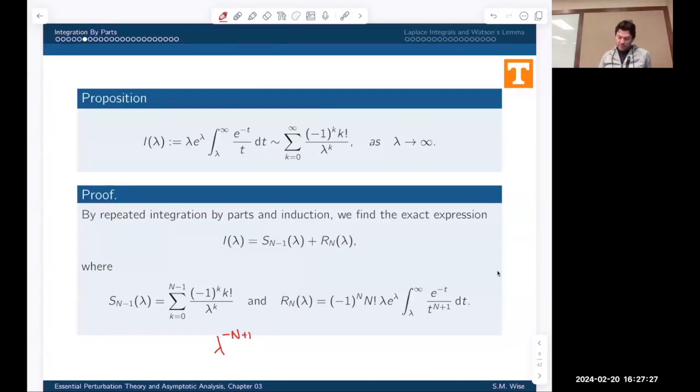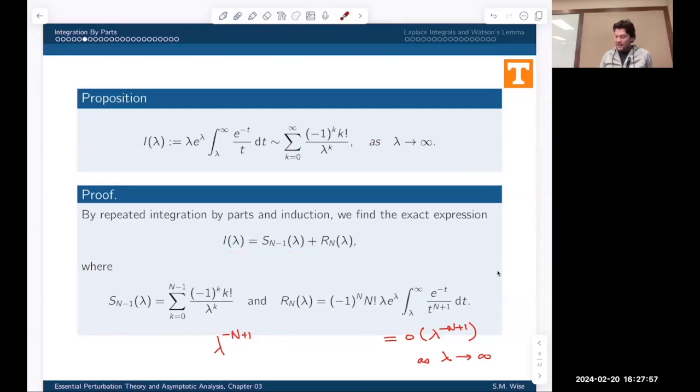So I want to show that this remainder term is consequently little o of that term as lambda gets large. Remember, this measures the difference between I and S_{n-1}. That is the error.